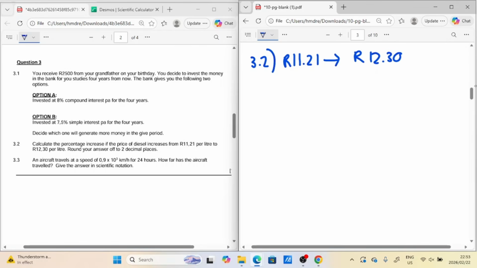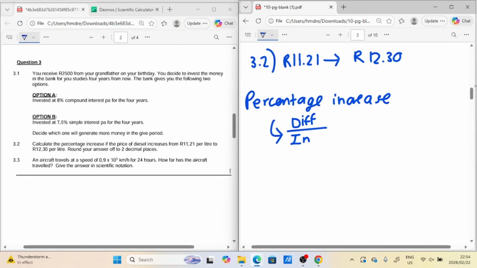So for percentage increase, you should know this formula straight away. You need to work out the difference in the price, divide by the initial price, and then you times it by 100. That will give you your percentage increase.